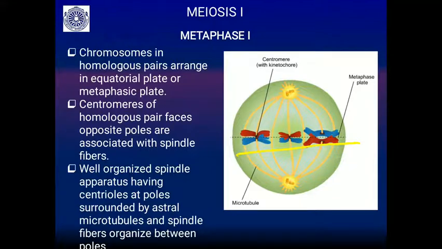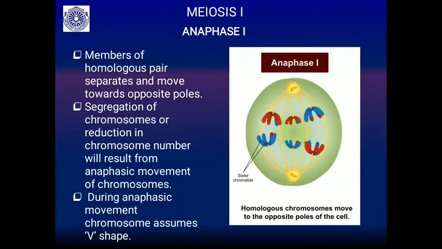A well organized spindle apparatus is formed, and the centrioles at this mitotic apparatus form. The same spindle apparatus forms even in meiosis. Here you can see the homologous pair now face opposite poles.